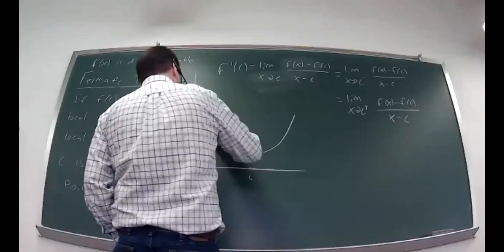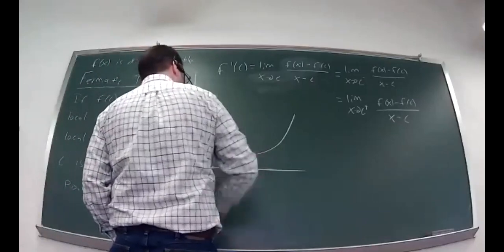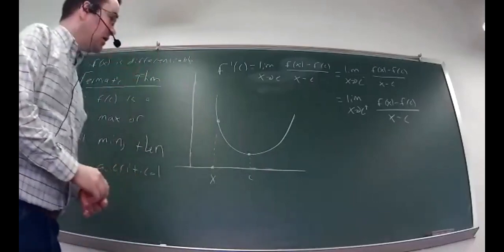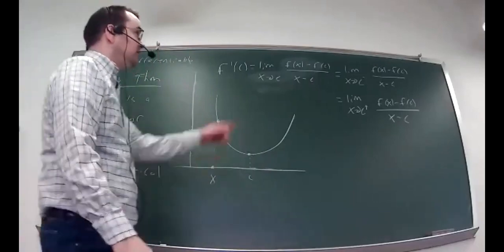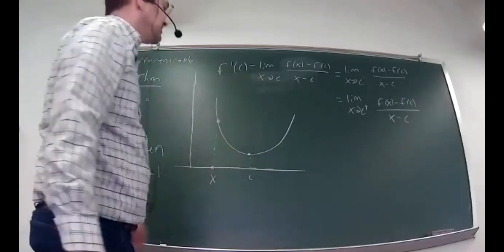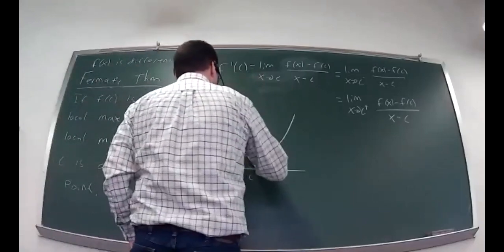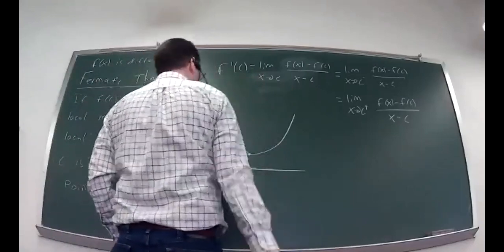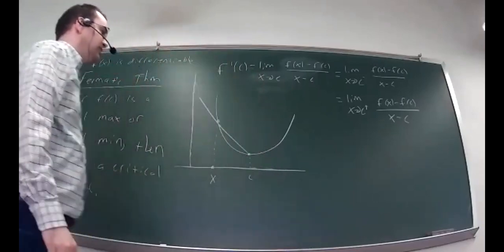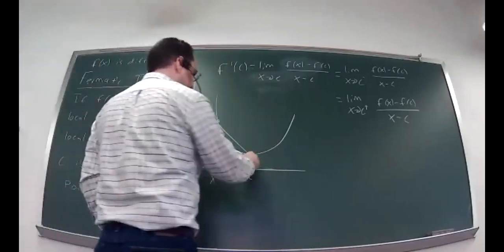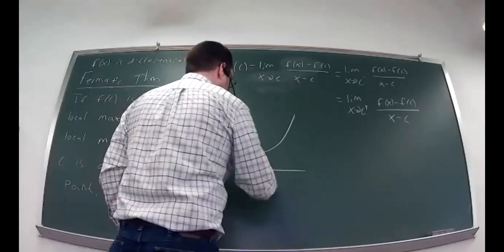And where's the y value? So that difference quotient, f of x minus f of C over x minus C, is equal to the slope of this secant line between the 2 points, and it extends that way.